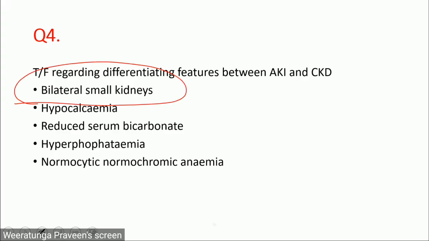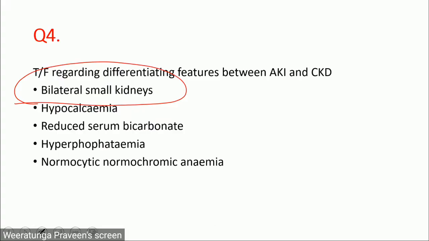Now, this is a little bit of a difficult MCQ to answer because some of the other complications like renal bone disease, renal anemia, right? Those sort of things are much more common in CKD but can also occur in AKI, right? So one of the probably only things that are very good in differentiating AKI from CKD is the ultrasound scan.